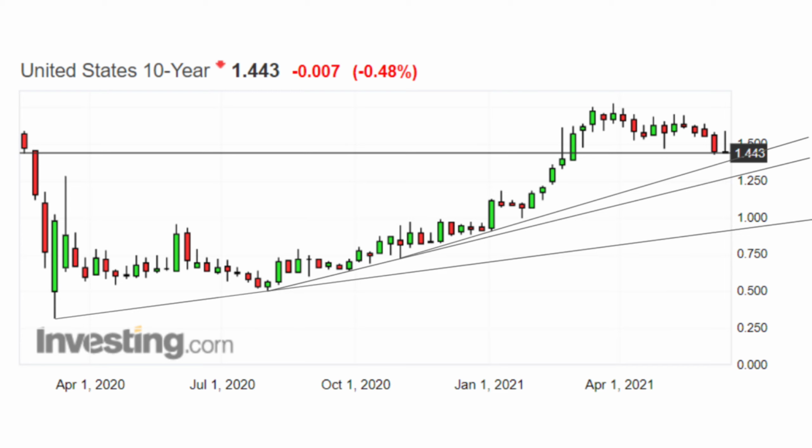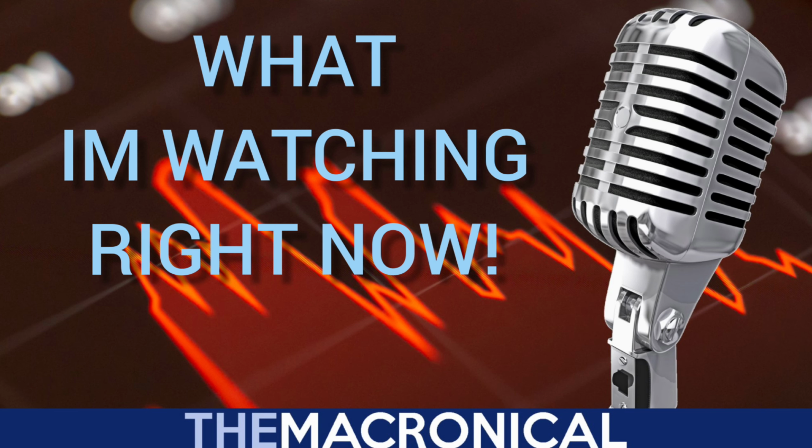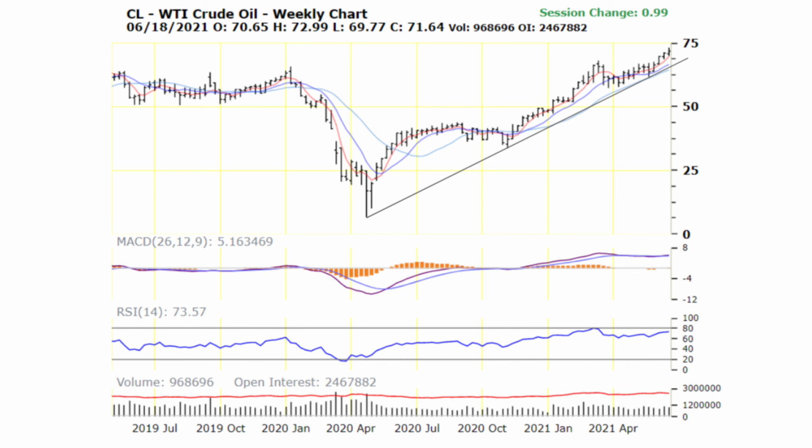Nice uptrend there. Even that 10-year yield has turned down lately. But again, for that we need to see a weekly close below about 1.35%. So keeping along the same trend lines as lumber, we need a bit more follow through there. And for me to really state it's truly over for this cycle, we'll need to see a close on the weekly chart below 1.35%.